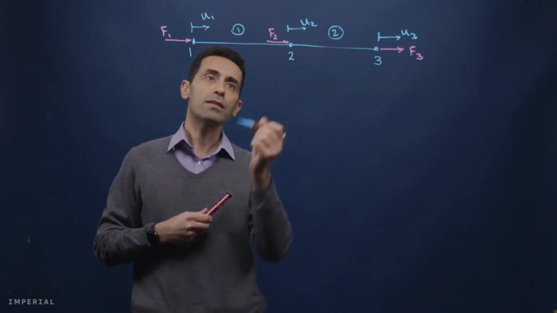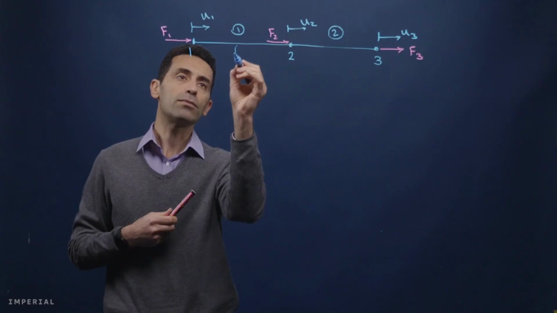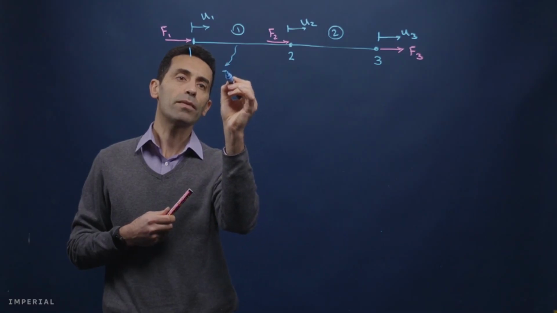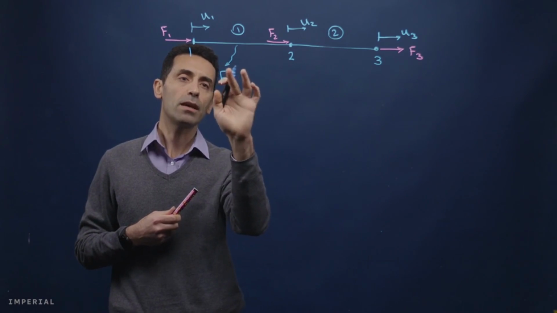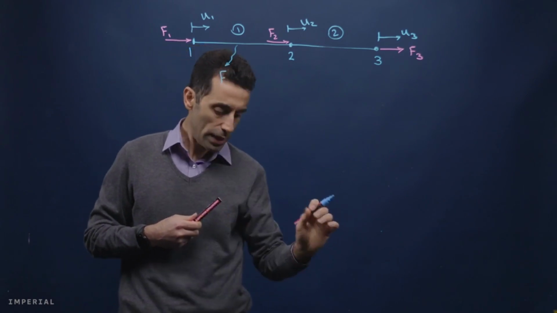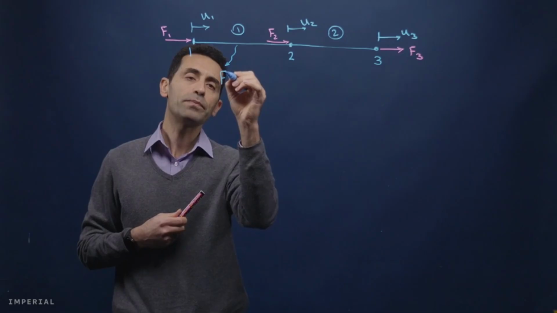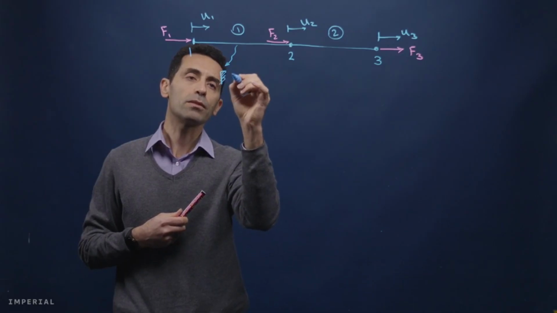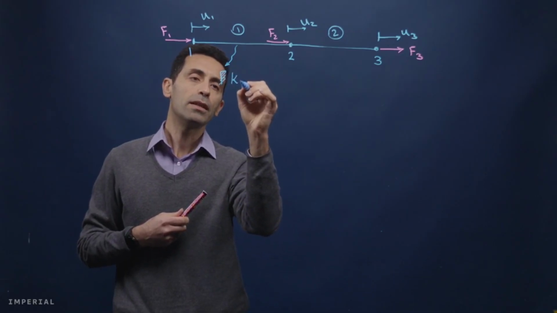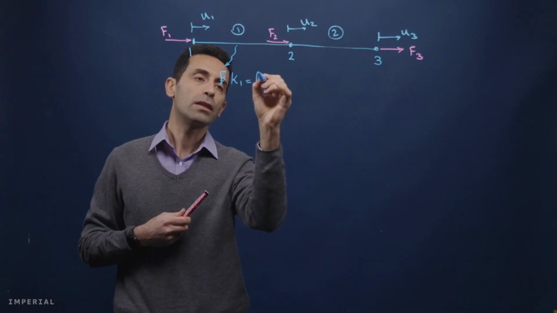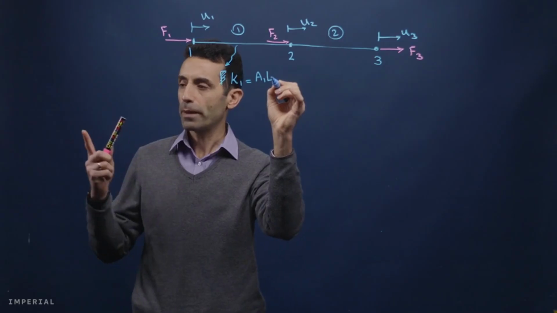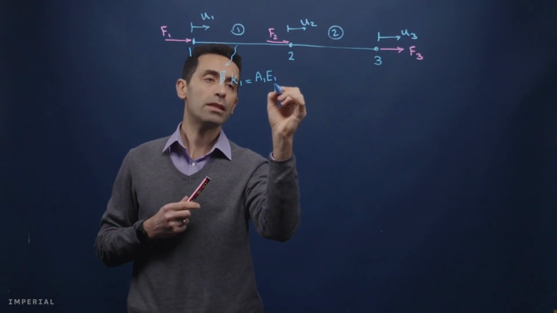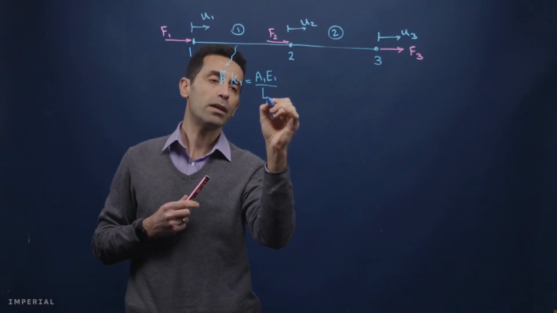So the stiffness of the element then is written, if you remember from the previous discussion, we use K here for this stiffness. So that's K. K1 equals A1 times elastic modulus E1 divided by L1.